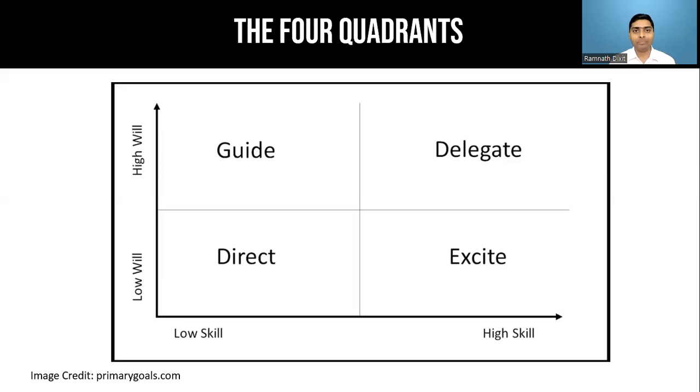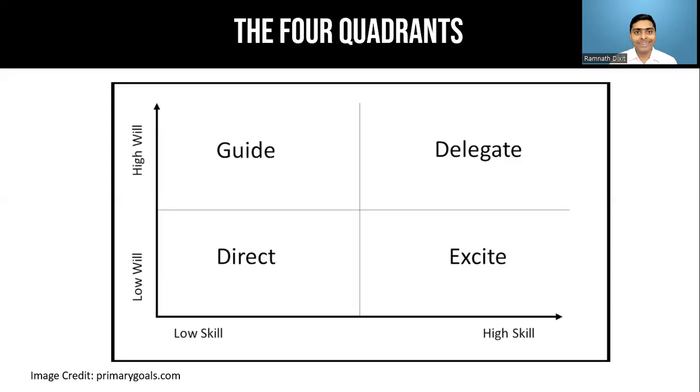That's why, as a leader, your job is to observe, stay there, and see that things are being done the right way. Going back to the bicycle example, in this case, you have made the person get on the bicycle. The person has started to pedal, and you're standing at a distance and say, okay, you can take a few rounds, but I'll observe you. If you need help, rope me in. So you're guiding people and telling them that you're there to support them as and when they need you. So that's the second quadrant called guide.